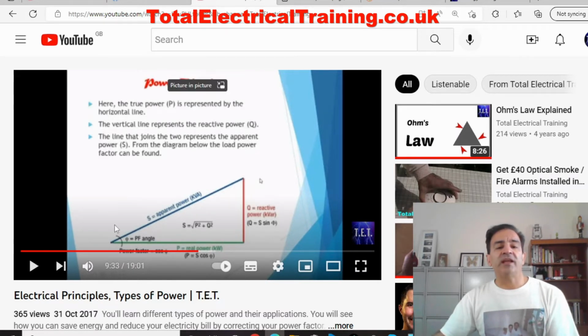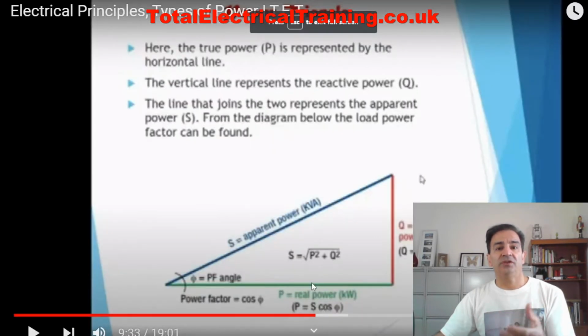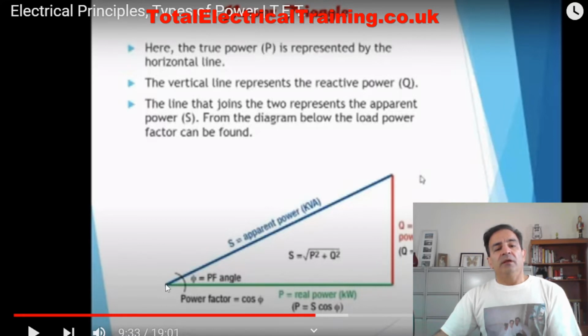If you look at this triangle in my video that I published, for instance, just to put it into perspective, the bottom base of this right angle triangle, which is in green line, that is the power that you actually literally use. This red line, the vertical red side of the triangle, that is your reactive power.